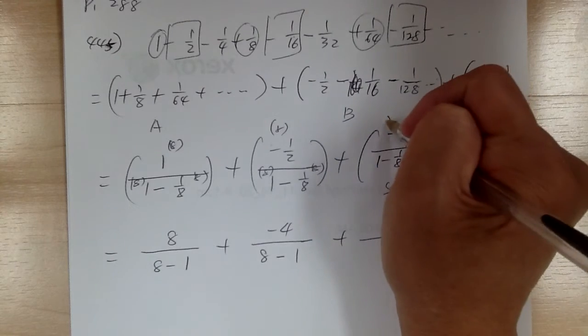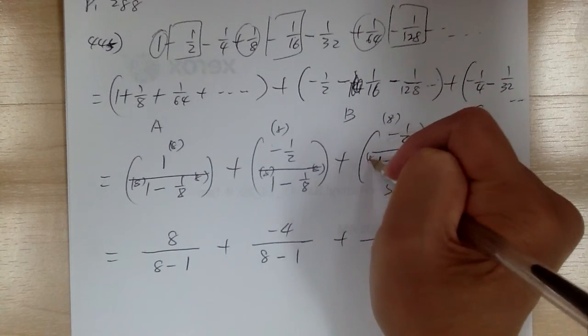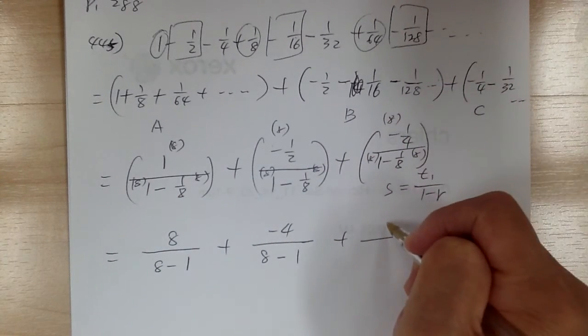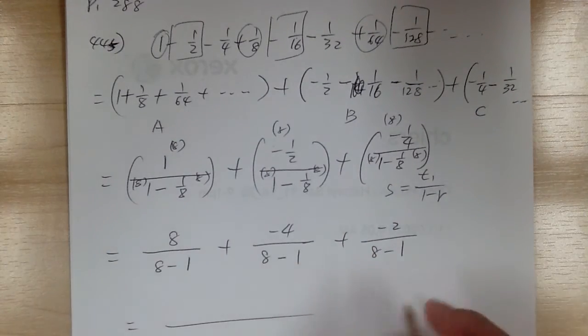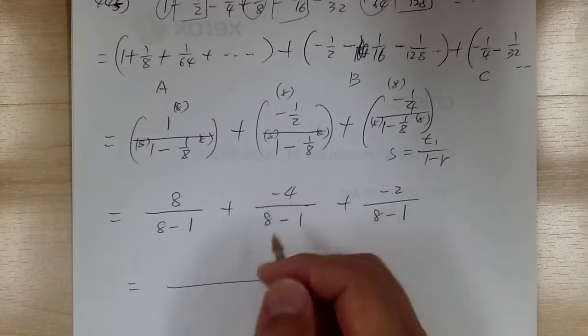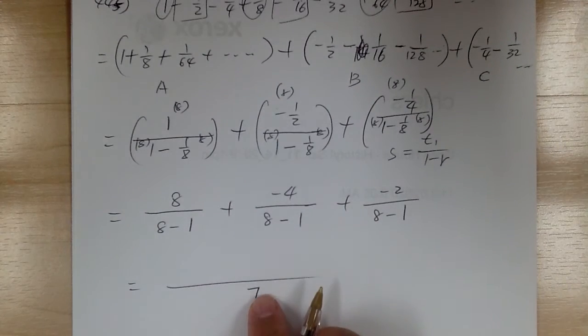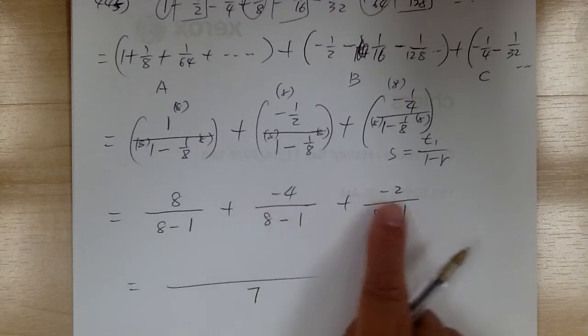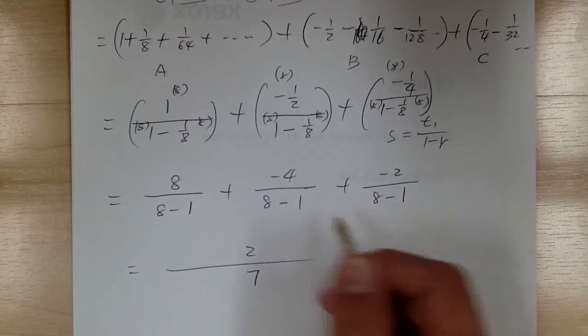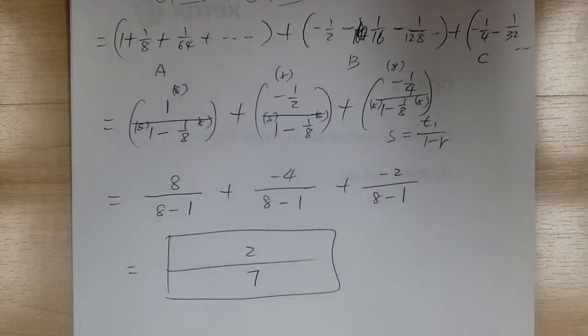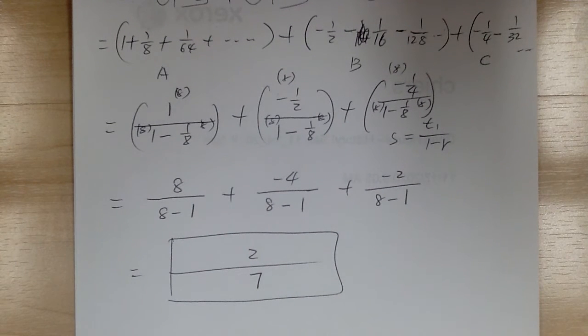This one, again, multiply it by 8, so you get negative 2 over 8 minus 1. Notice your common denominator, so that's kind of nice. The common denominator would be 7. So 8 minus 4 minus 2 will give you 2. Okay, and that's it. Let's go to the next one.